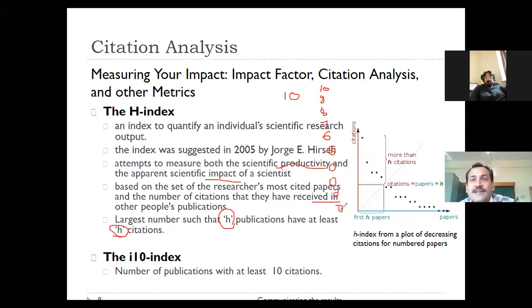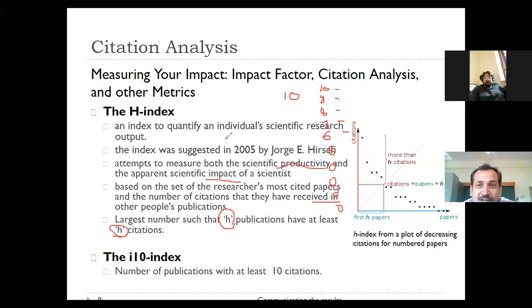So what will be its H index? He will have citations for how many papers? 1, 2, 3, 4, 5, and the 6th paper has citations. What is the minimum citation? The minimum citation is 6. So 6 papers have a minimum of 6 citations. So the H index of this particular author will be 6.